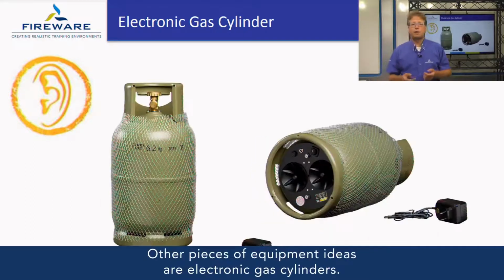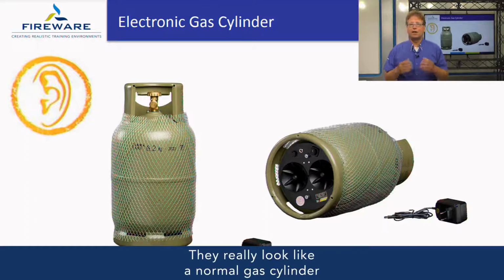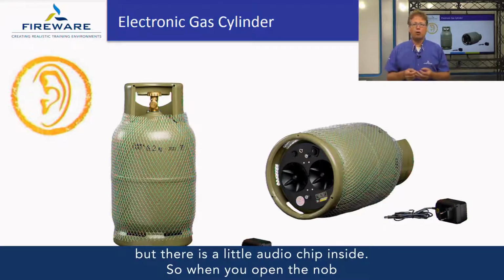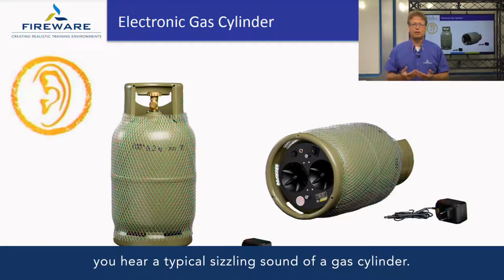Other pieces of equipment are these electronic gas cylinders. They really look like a normal gas cylinder, but there's a little audio chip inside. So when you open the knob, you will hear the typical hissing sound of a gas cylinder.